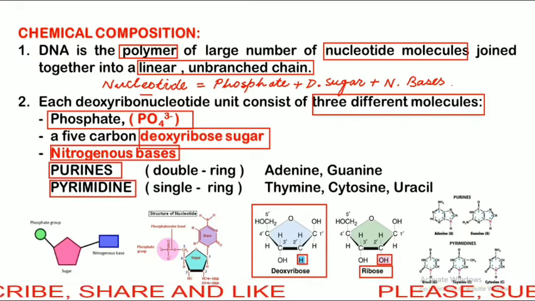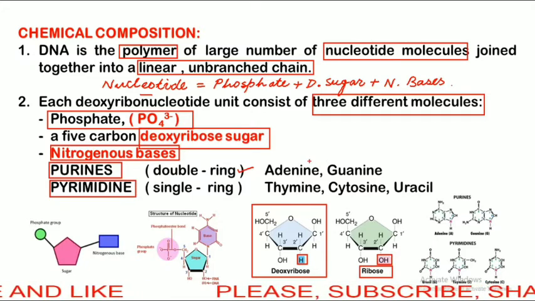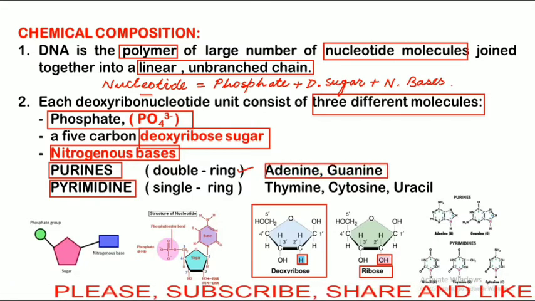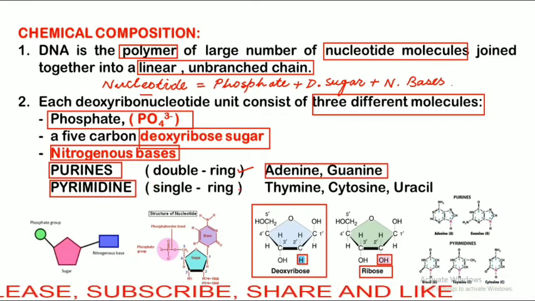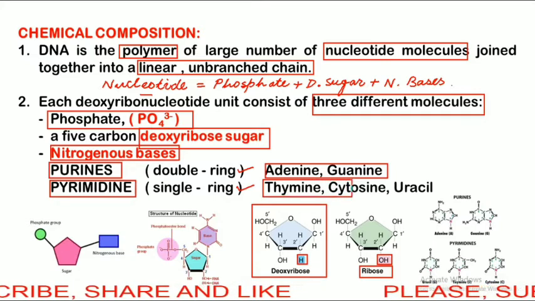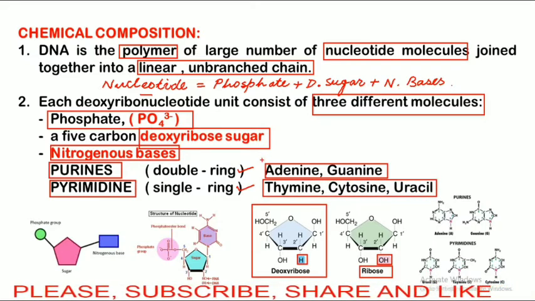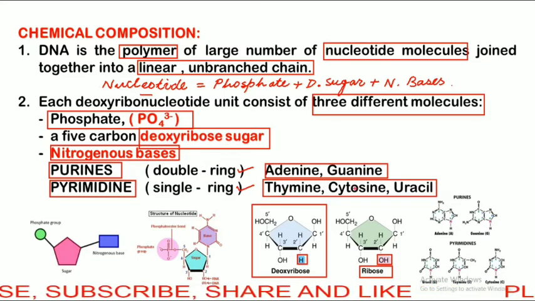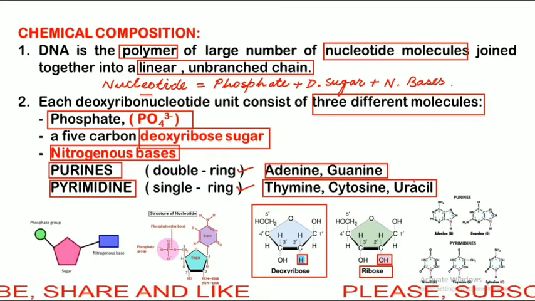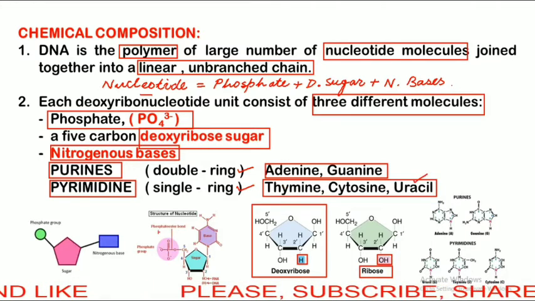Purines are double ring structures, and the types of purines are adenine and guanine. Pyrimidines are single ring structures, and there are three types of pyrimidine: thymine, cytosine, and uracil. All these four, adenine, guanine, thymine, cytosine, are found in DNA, but uracil replaces thymine in RNA.